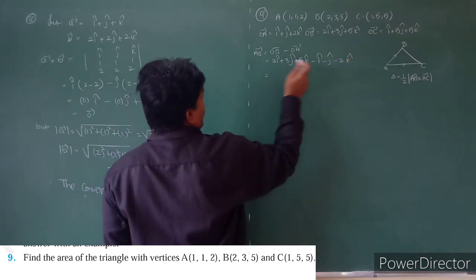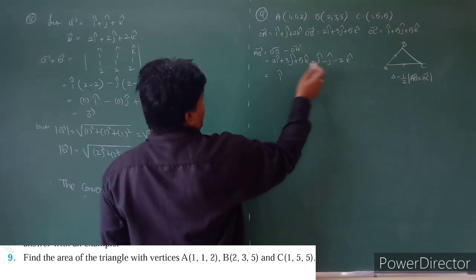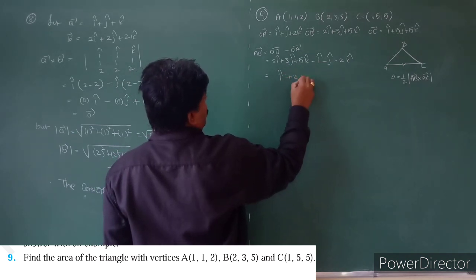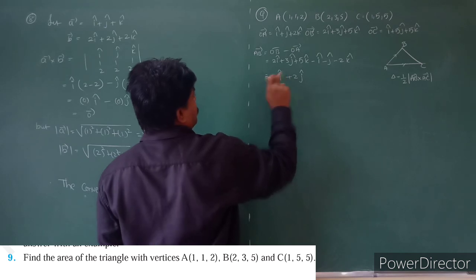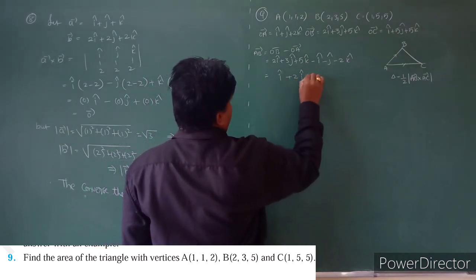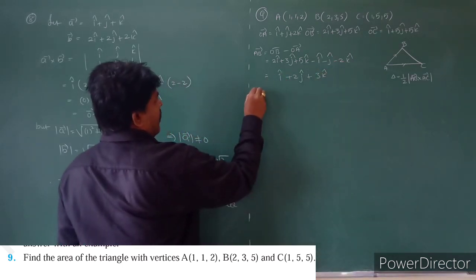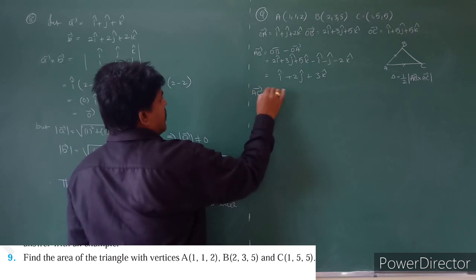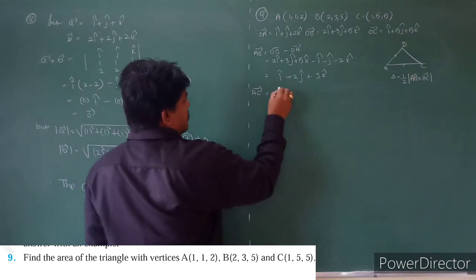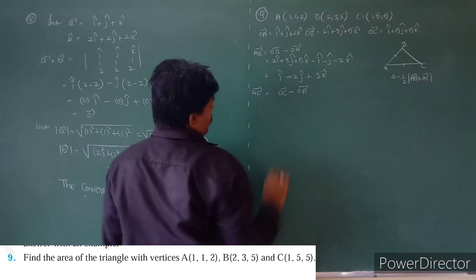So what happens? 2I minus I is I, 3J minus J is plus 2J, 5K minus 2K is plus 3K. Similarly I will calculate the AC bar also. AC bar is OC bar minus OA bar.